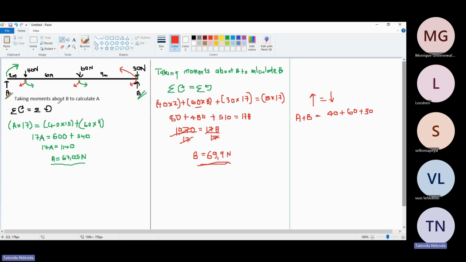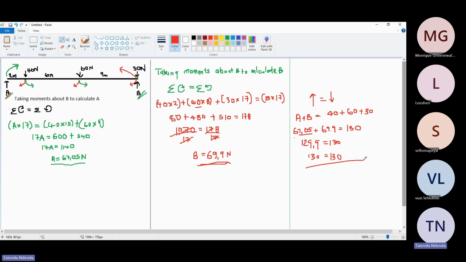So A plus B, that's going to be 67.05 plus 62.9, which is supposed to equal, this is going to give us 130, right? How much do you get here? 129.9. So 129.9 is equivalent to 130. So 130 is equivalent to 130.